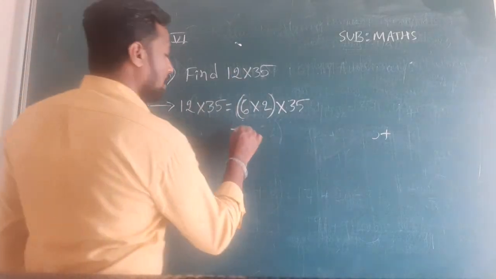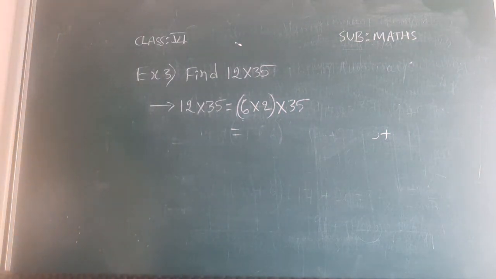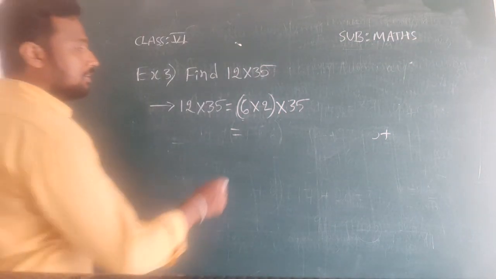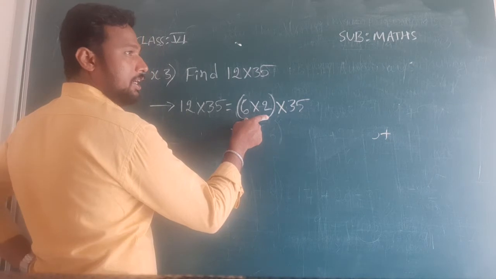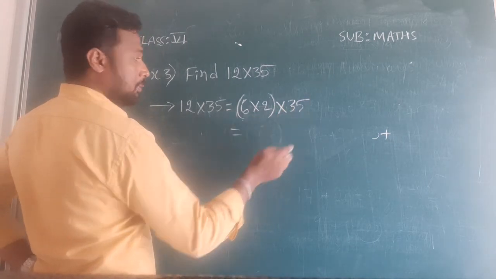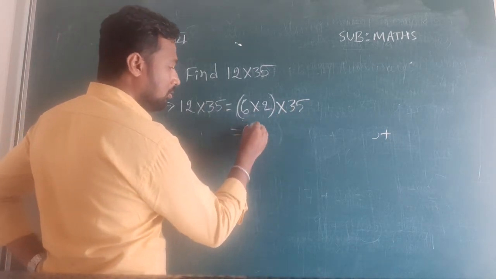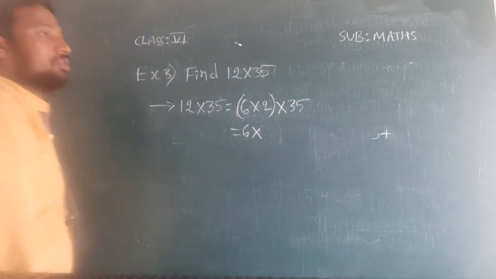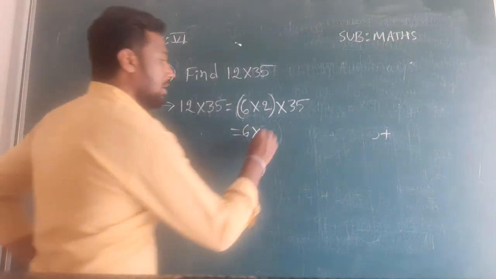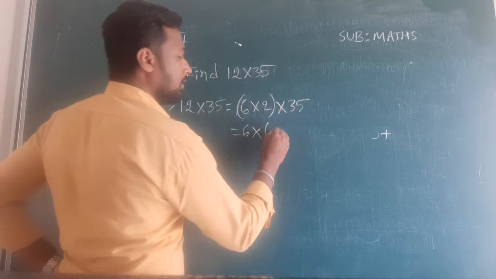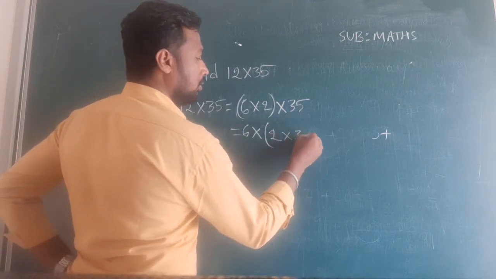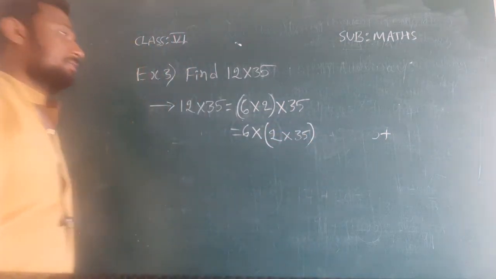Now I will apply associative property of multiplication. If you consider the first two terms inside the bracket and the last term outside the bracket, then it equals, the first term I will write outside the bracket, that is 6, and the remaining two terms, 2 into 35, I will write inside the bracket.